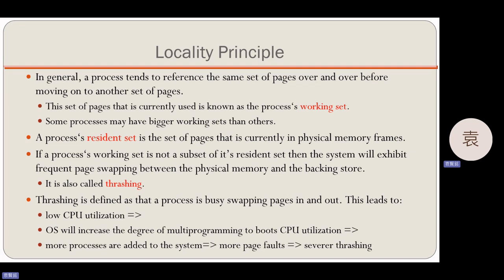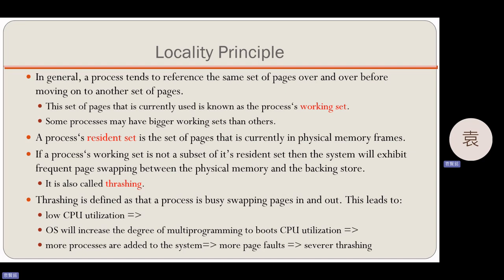The formal definition of thrashing is that a process is busy swapping pages in and out. It is not doing actual work for the process. And this will lead to low CPU utilization. The effective CPU utilization will become low.